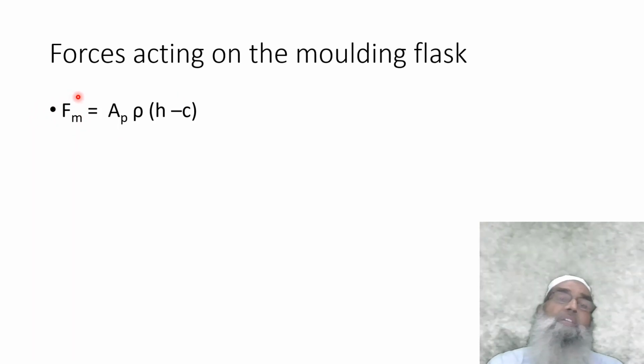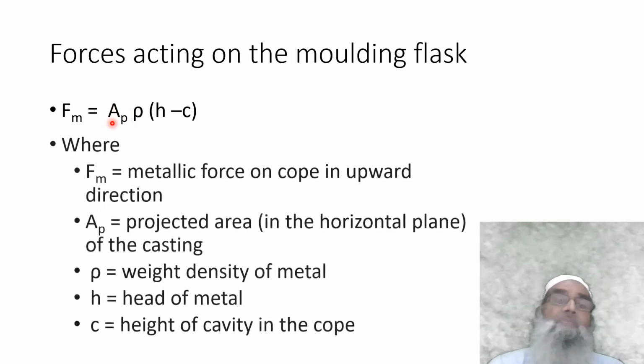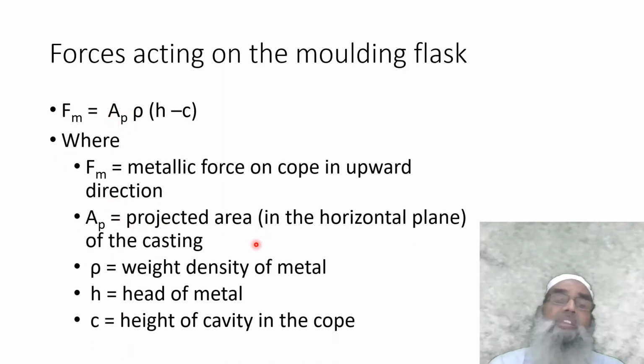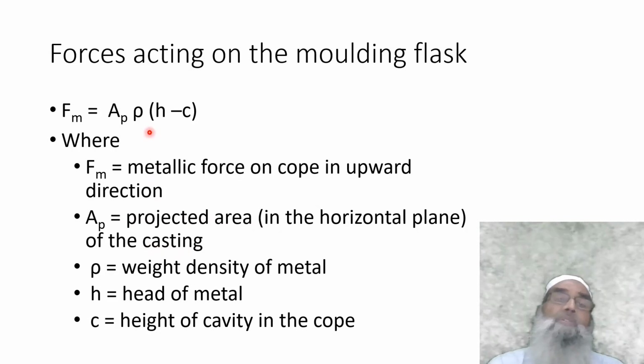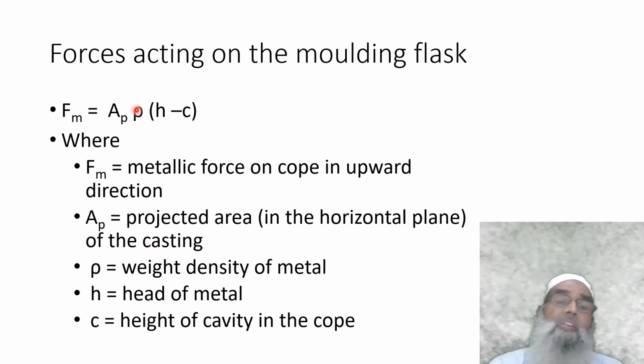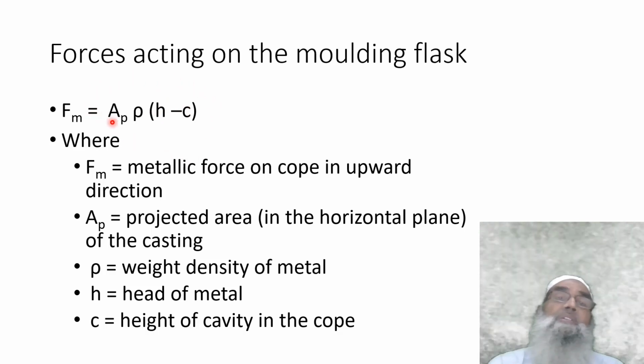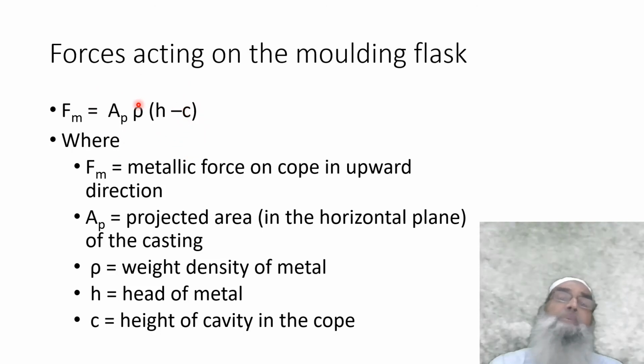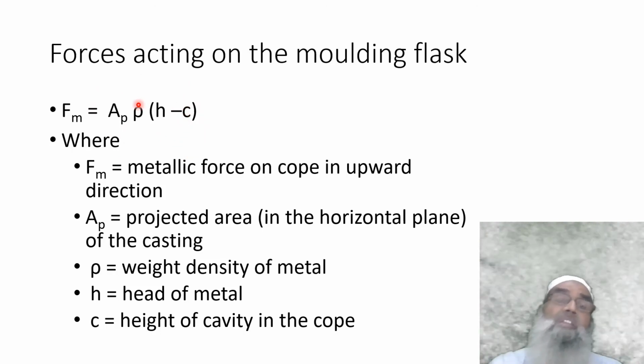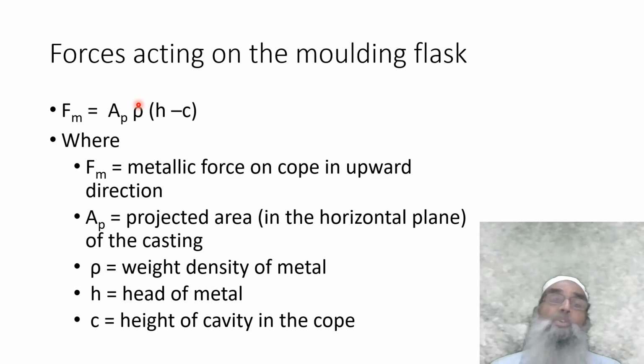Fm is the buoyant force by the molten metal, and it depends on the projected area of the casting, where rho is the weight density of the metal, H is the head of the metal and C is the height of the cavity. This gives the force acting on the upper half of the flask, the cope portion.